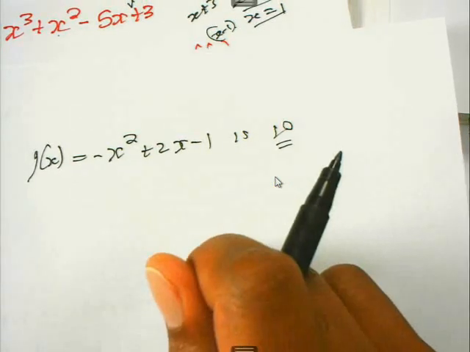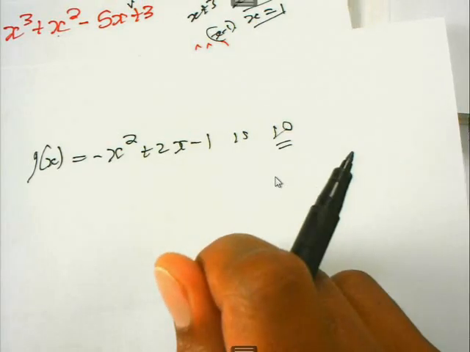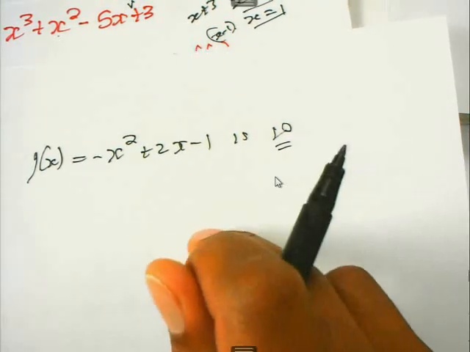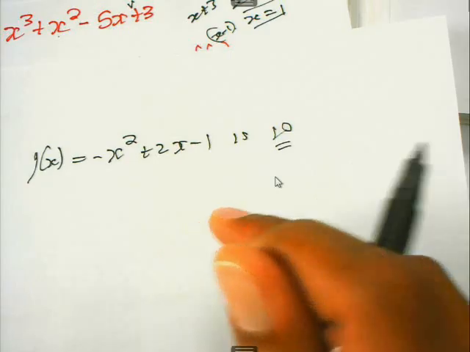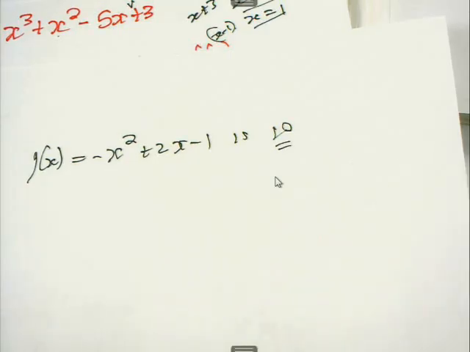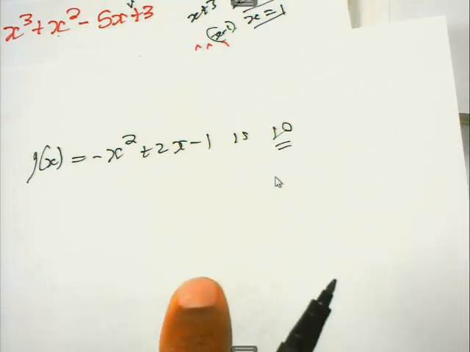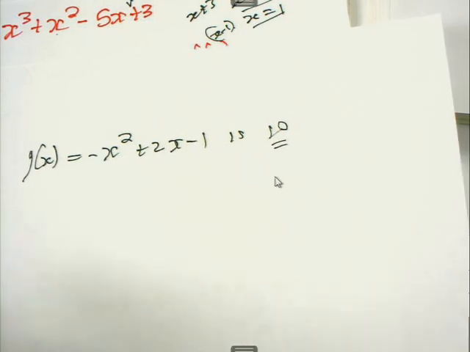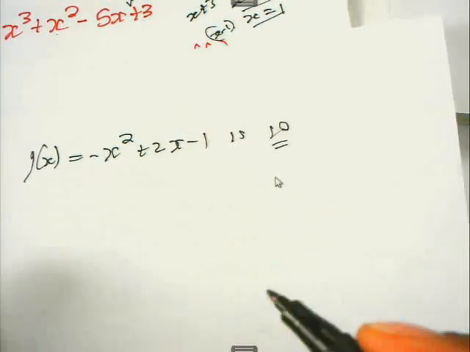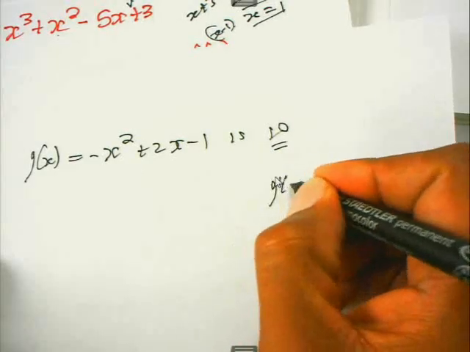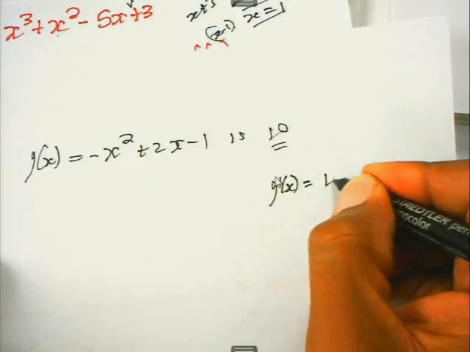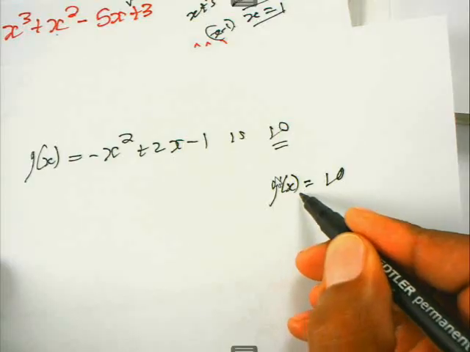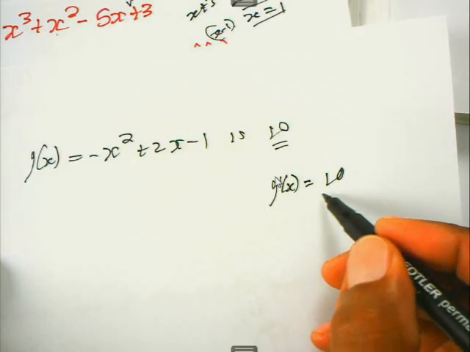You need to determine the derivative first, and thereafter, you'll be given the specific value of x that you substitute in the derivative so that you are defining the derivative at that point, right? Now, from here, we know that g prime of x is equal to 10. We don't know what is the value of x that will make the gradient of the tangent to be what?